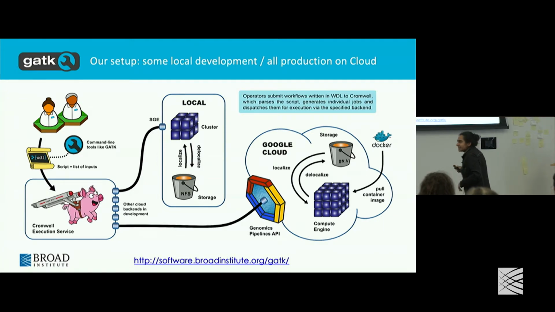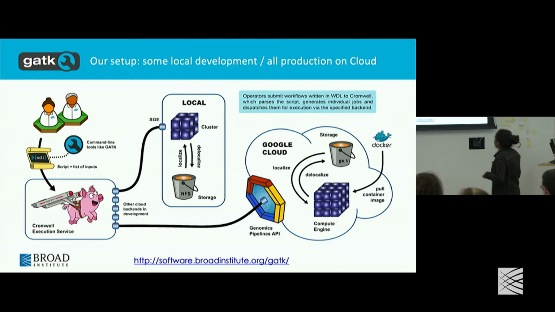So here's us. And then you have your command line tools, something like GATK, and then you can wrap them up into some kind of pipelining solution like WDL, and then you throw them at Cromwell to go and execute. Here we see the two biggest ways Cromwell is used today. You can use it to run locally, so you could connect to your SGE cluster.